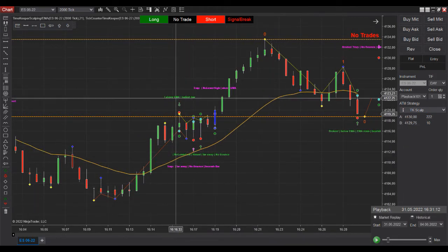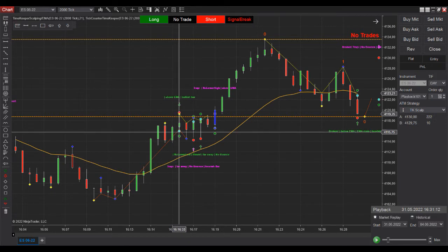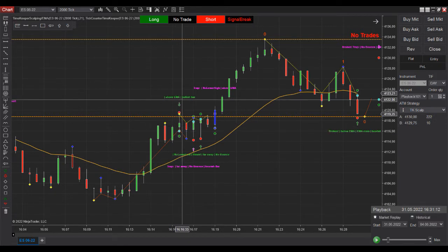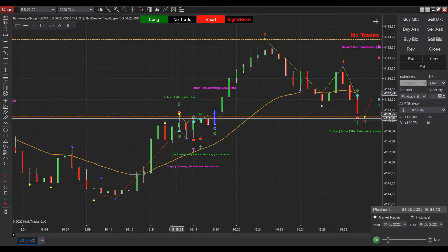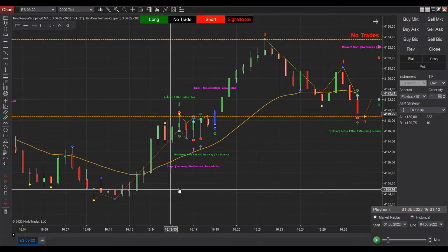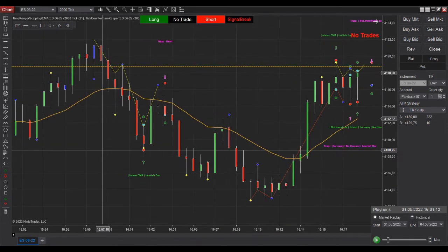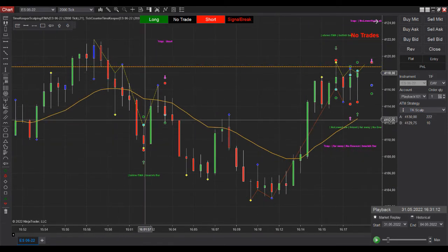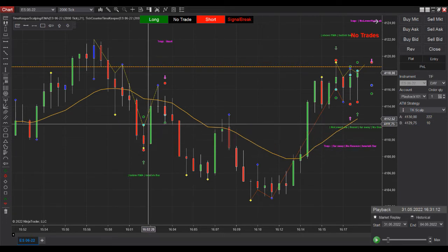Also in this example here, we have a short setup, and your signal candle, this one here, is pretty bullish. It's not very bearish. You wouldn't take this trade here. And here also you have a long setup, and it's a pretty bearish bar.